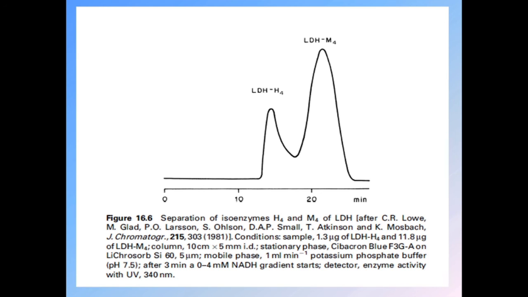chromatogram: sample 1.3 microgram of LDH H4 and 11.8 microgram of LDH M4, column 10 cm by 5 mm internal diameter, stationary phase Cibacron blue F3GA on LiChrosorb SI 60, 5 micrometer, mobile phase 1 ml per minute potassium phosphate buffer having pH 7.5.